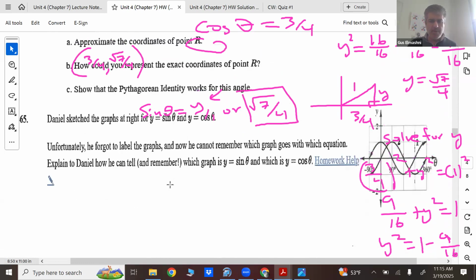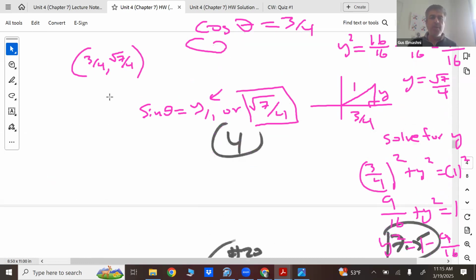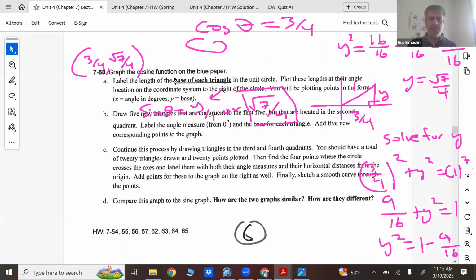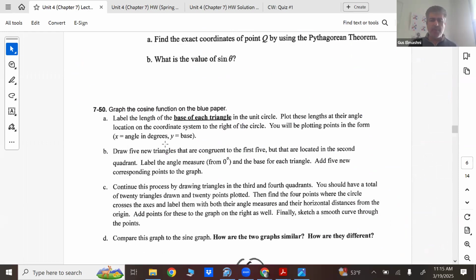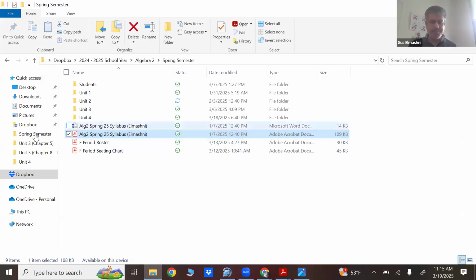Okay, so let me show you the graph of cosine, guys, and we'll do the quiz, and then we're done. I showed you the quiz already, just the other version. Let's go back to the unit circle again. You guys can just watch. Here we go.